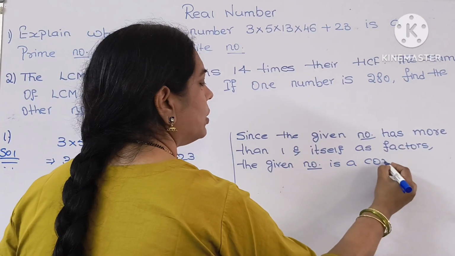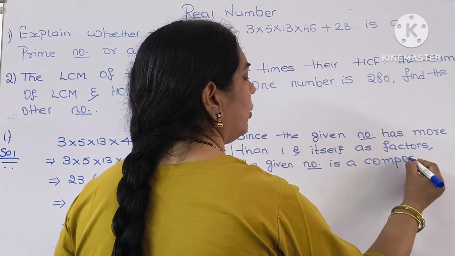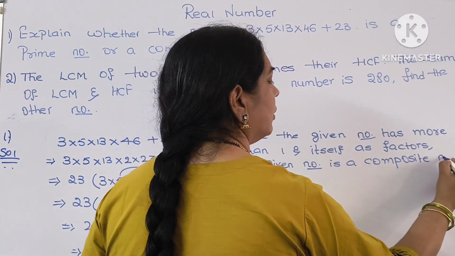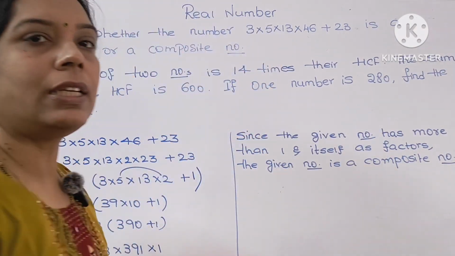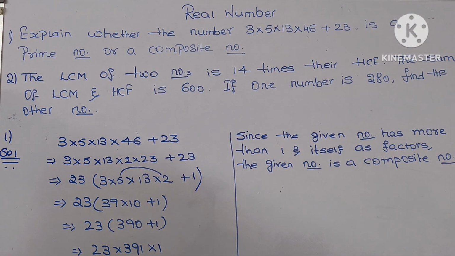This is how you have to argue these theoretical questions. It is a composite number since we already have 3 factors. Yes, copy it, children.